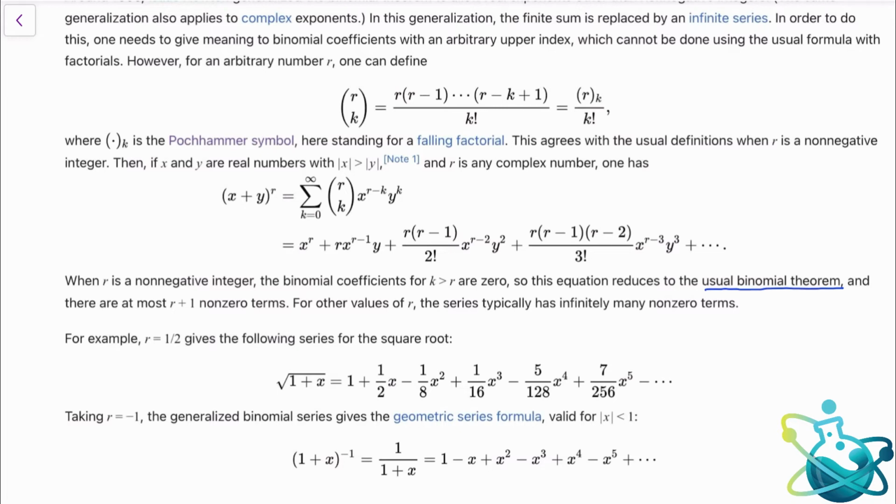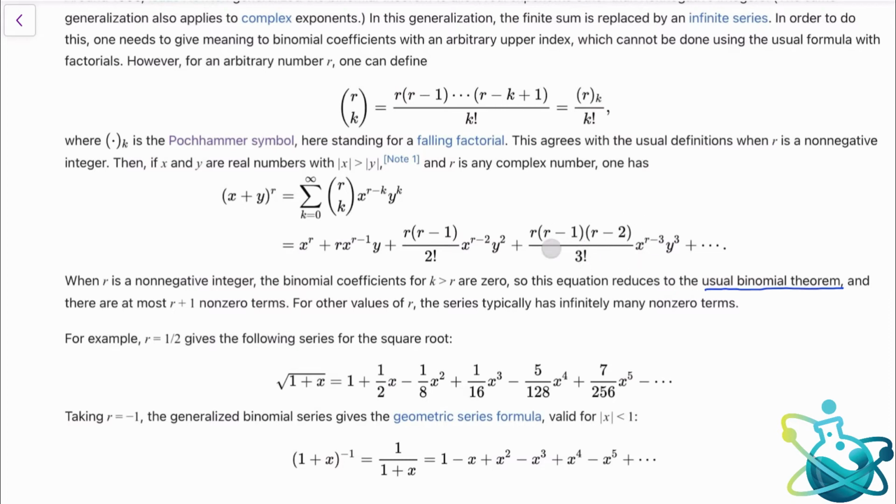Then r will be 2. So when is k bigger than r? It's here at the third term, where k is then 3, which is bigger than 2. We're looking at the case where x plus y is to the power 2.